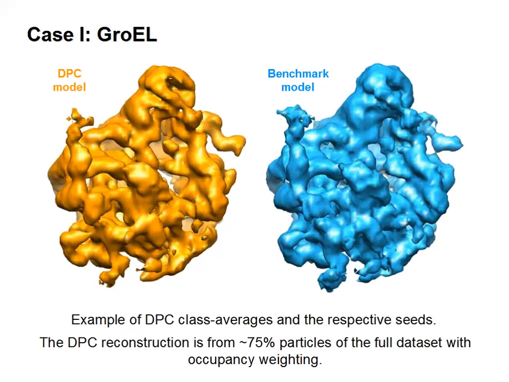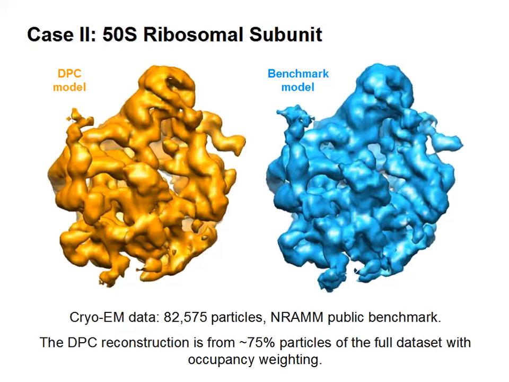So here comes the second example, the 50S ribosome subunit, which is also a public benchmark provided by NRAM. This cryo-EM data set contains 82,000 particles. It is a sizable real data set. On the left, this gold-colored density map is from the DPC classes, reconstructed and then refined with the raw images.